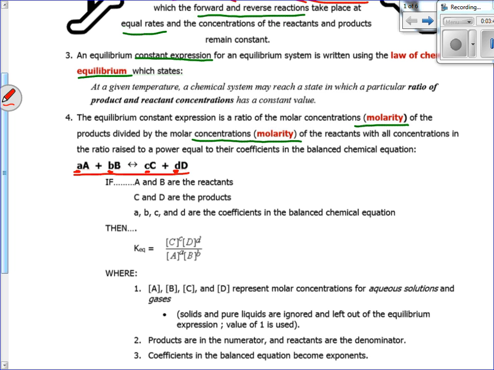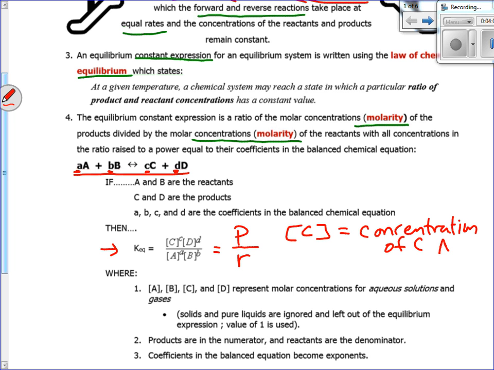So our generic form of our expression looks like this. Basically, it's going to be the products over the reactants. However, we're going to take the concentration. When you have something in brackets like that, like C, that means the concentration of C, and that's going to be in molarity, or moles divided by liters.